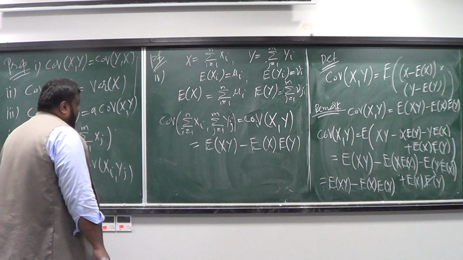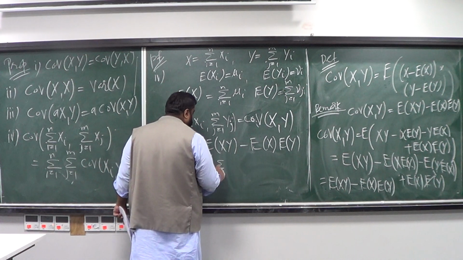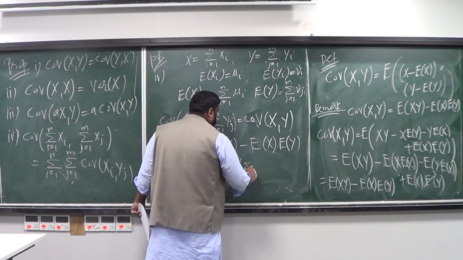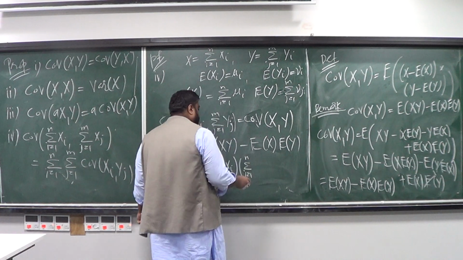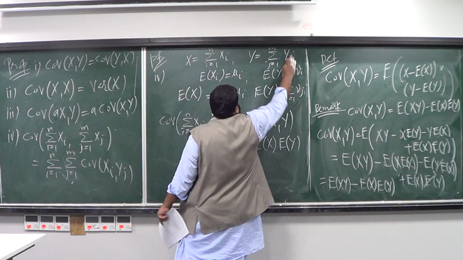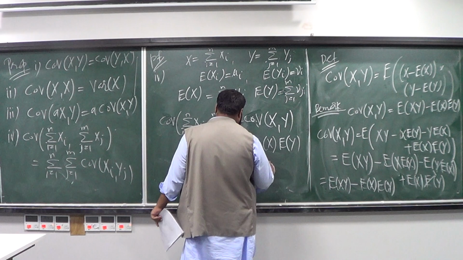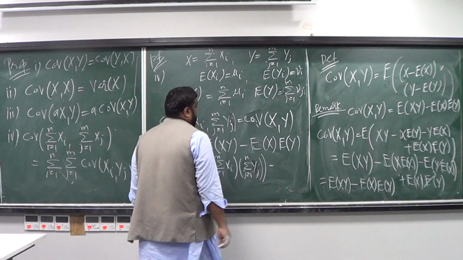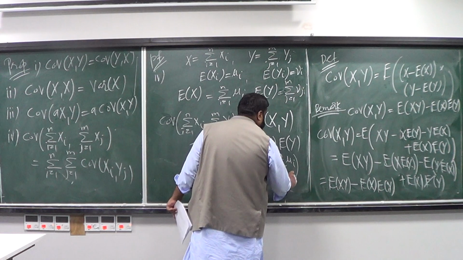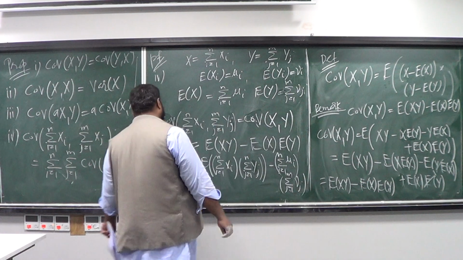The expectation of XY is going to be a product, so it's the product of the sum from 1 to n of Xi multiplied by the sum from j equal to 1 to m of Yj, minus the expectation of X times the expectation of Y, which is the sum over i from 1 to n of mu i times the sum over j from 1 to m of nu j. This is what it is going to be.